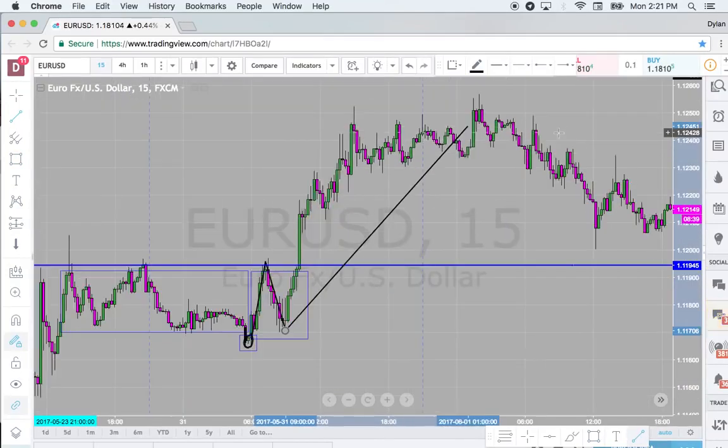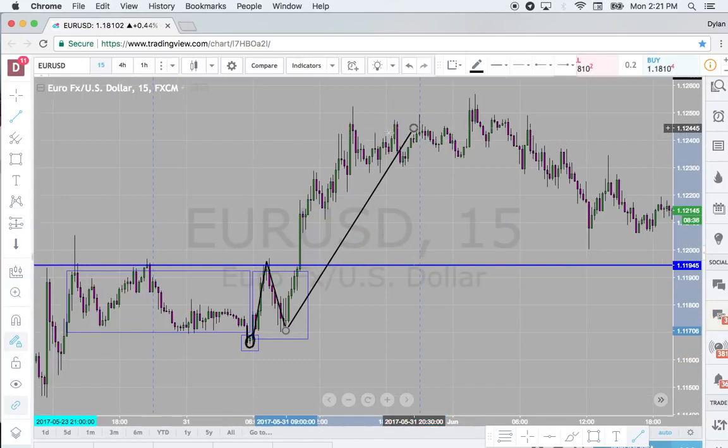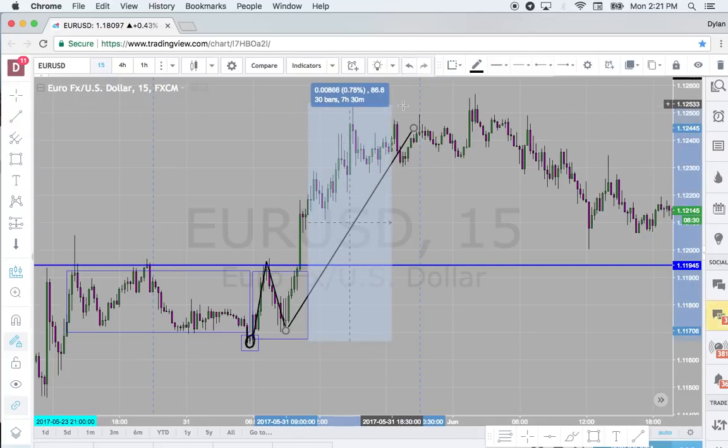All right. Price shoots up after trapping for a peak of about 85 pips.